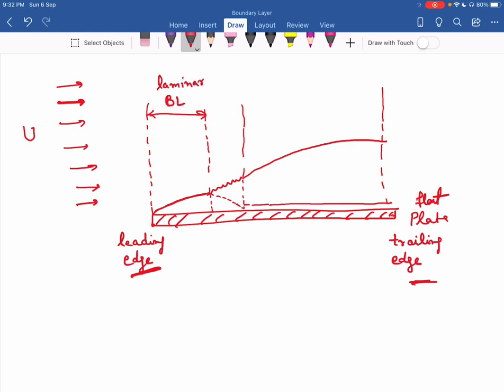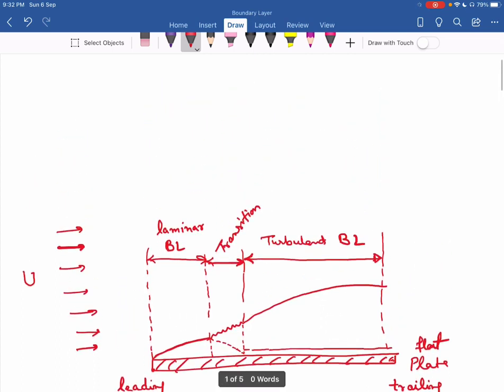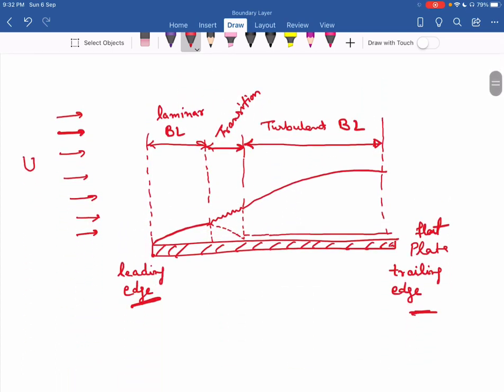The end part of this layer we call the turbulent boundary layer. In between these two layers, we have the boundary layer in transition. That is the boundary layer in transition.